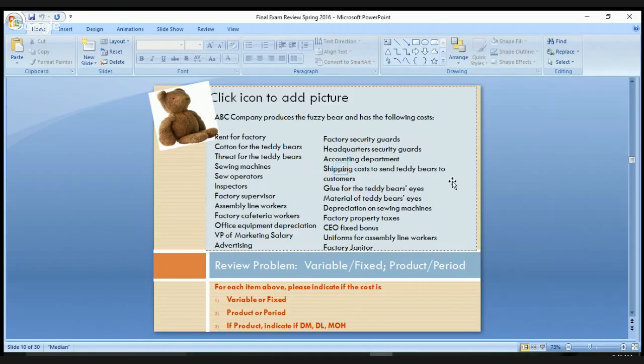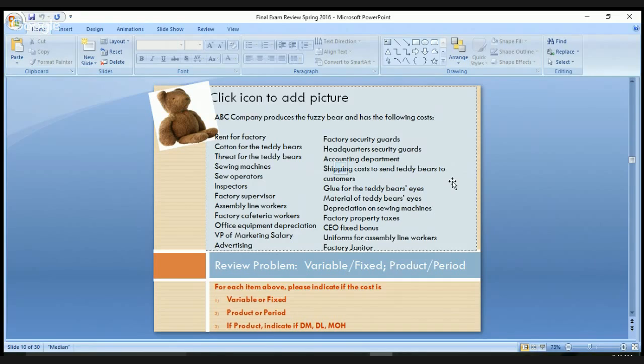Factory property taxes, because it's property taxes on the factory, it's considered a product cost, and it's manufacturing overhead. CEO fixed bonus, well, that says it's a fixed cost, but it's considered a period cost because the CEO does not make the product.